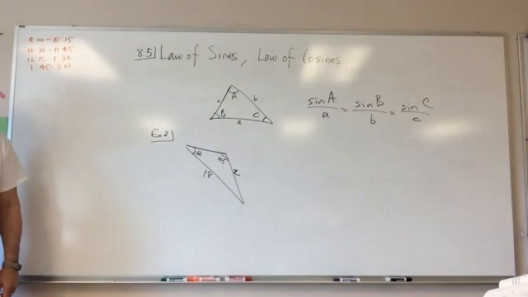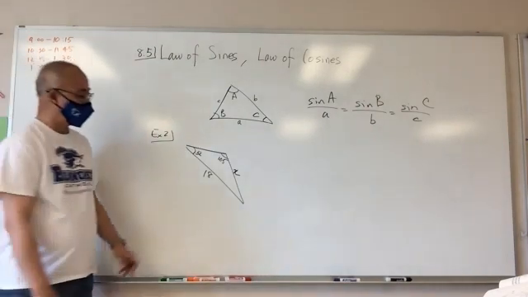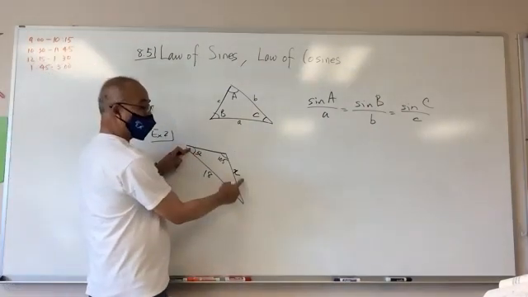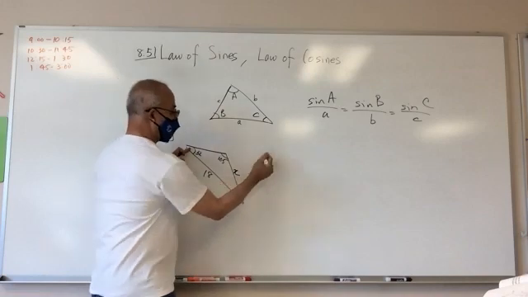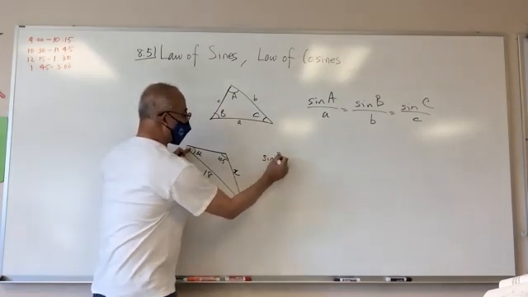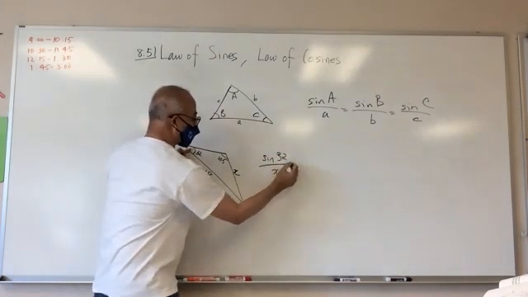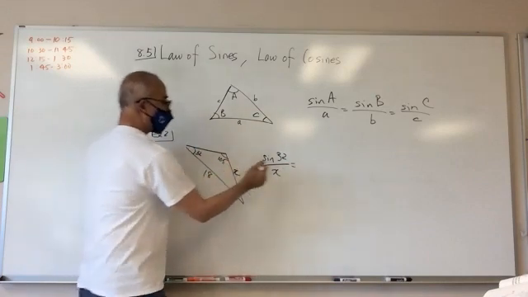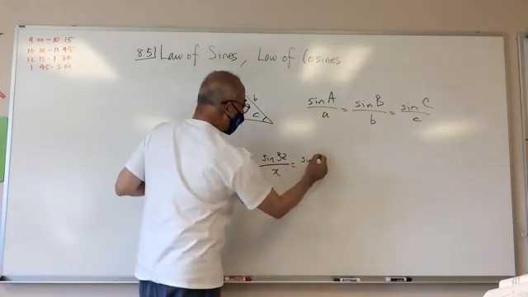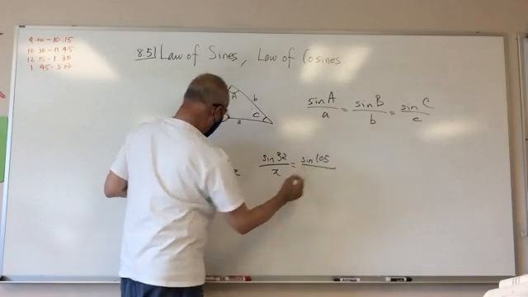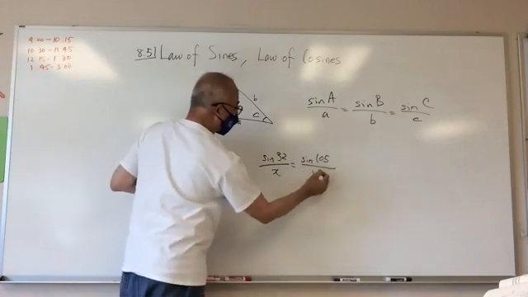So what would I do? The opposite length of this angle is x, correct? So sine 32 over x is going to be equal to sine of 105 over 18, correct?